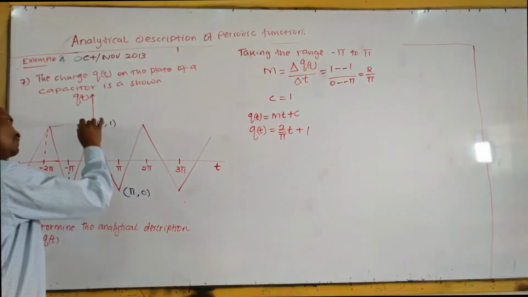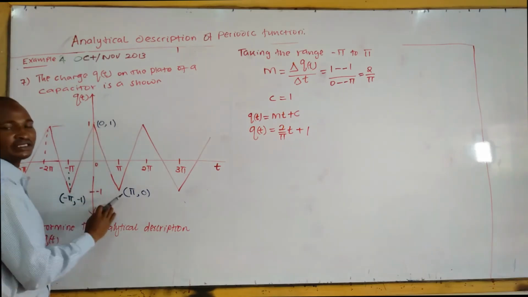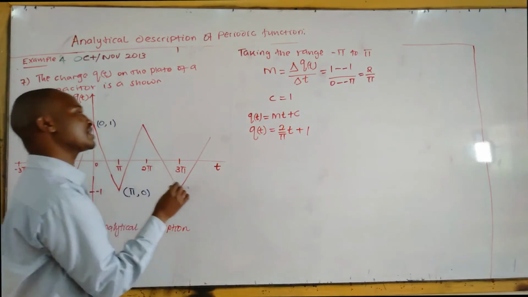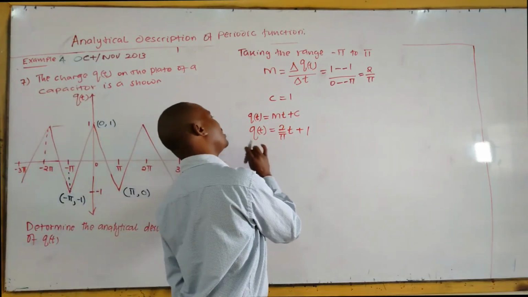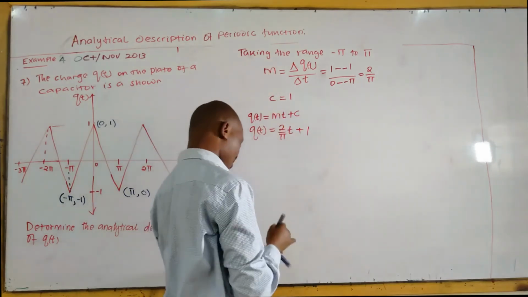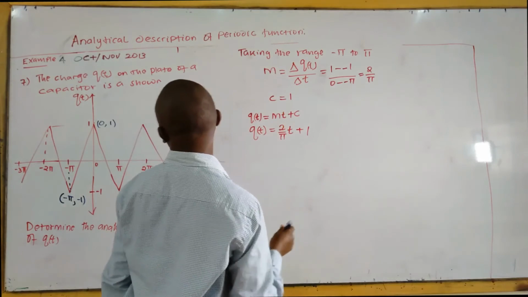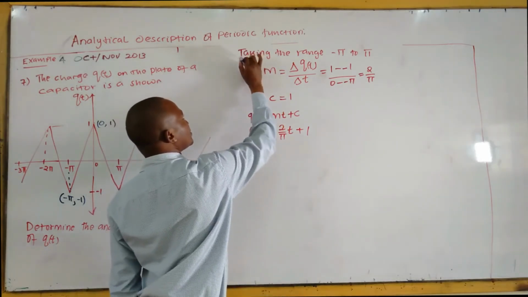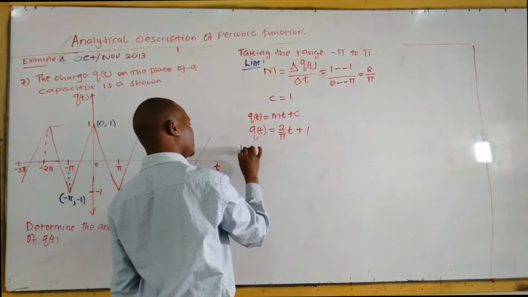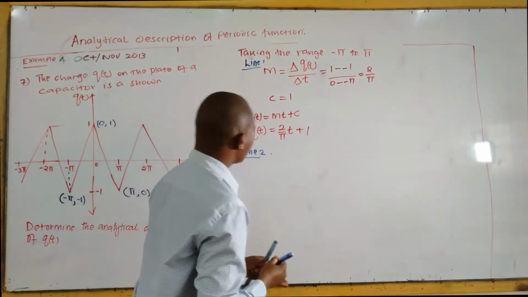For this straight line, the gradient should be negative because it is facing this direction. Let us find the gradient. I should have called the first one m1, and this one m2, or we can give it any other name.